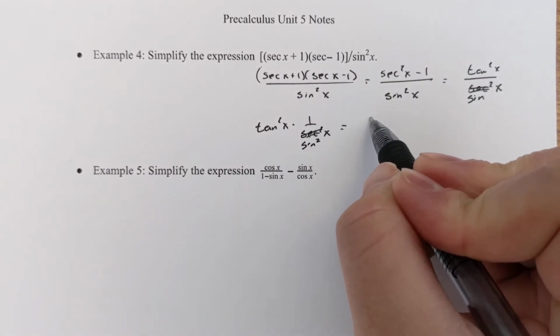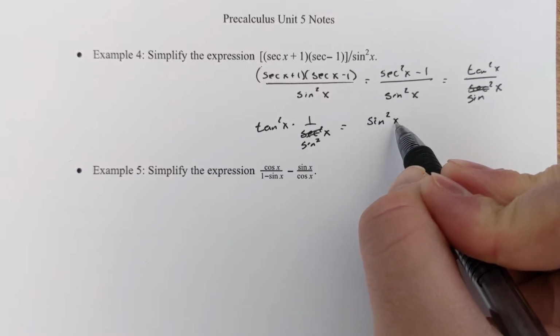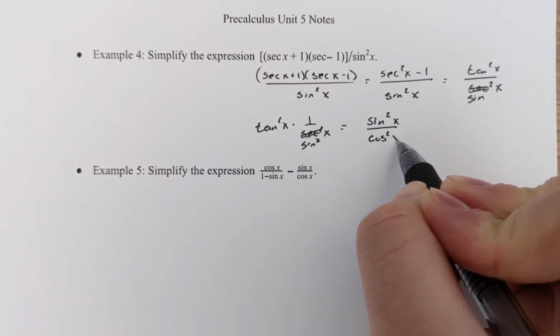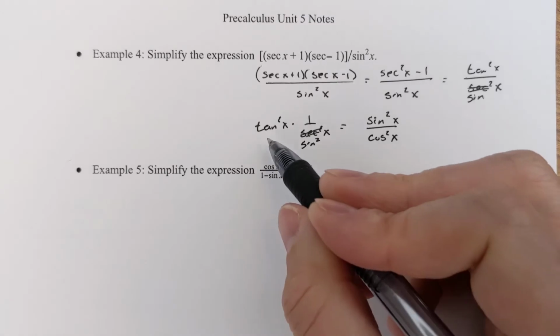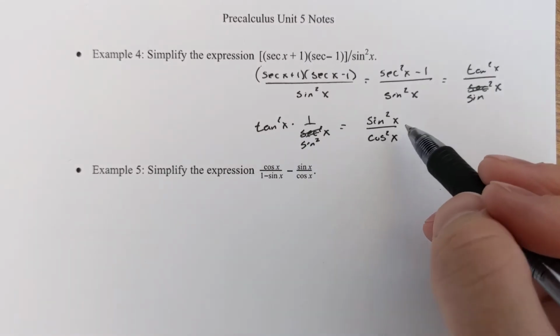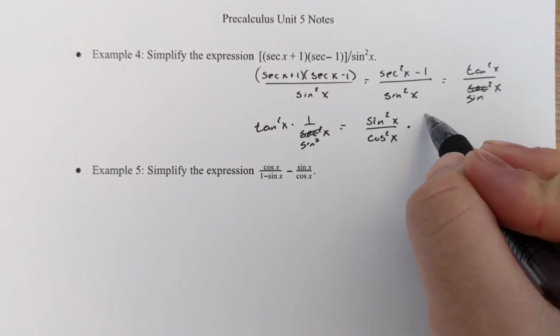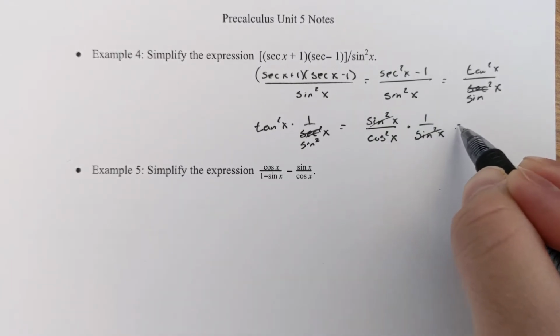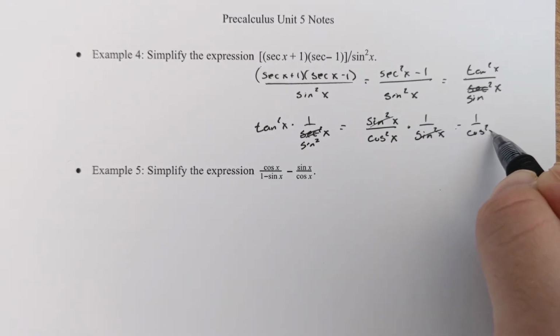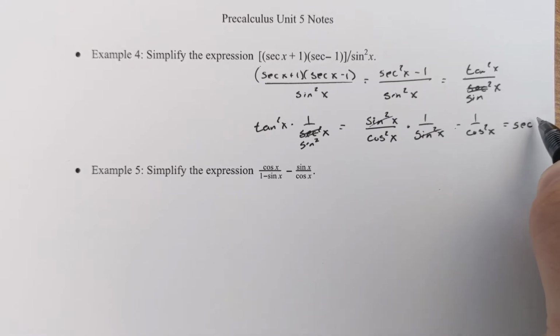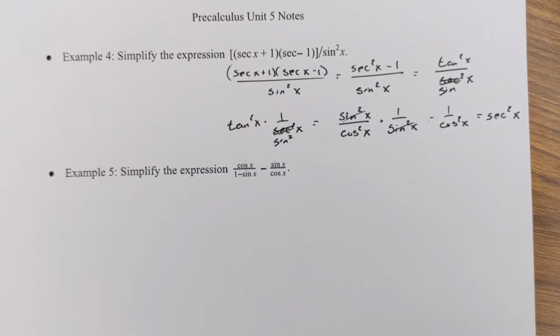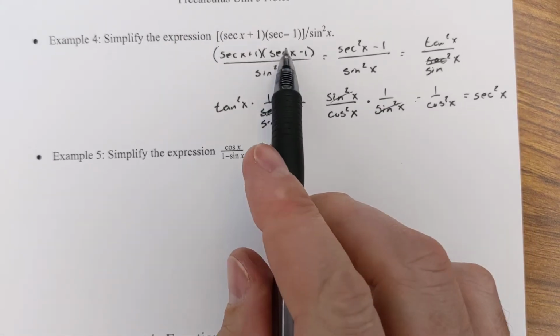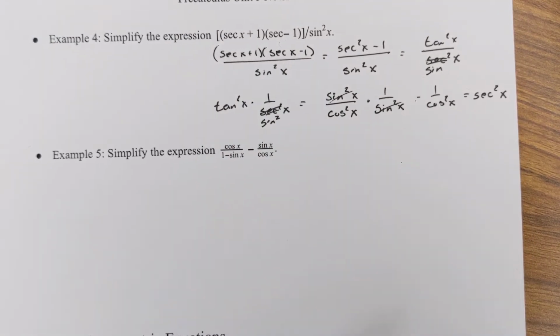So tangent squared is sine squared over cosine squared, because tangent is sine over cosine. And I still have this 1 over sine squared hanging off. The sine squareds can cancel, which gives me 1 over the cosine squared, which is the same thing as the secant squared. So there's my answer. All of this mess simplifies to just secant squared.